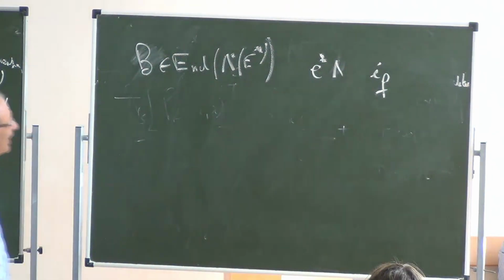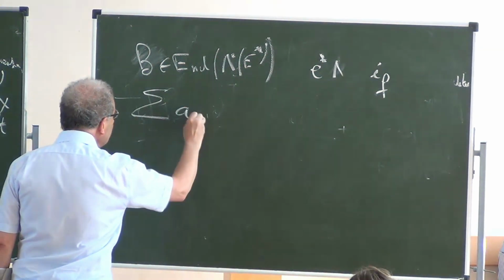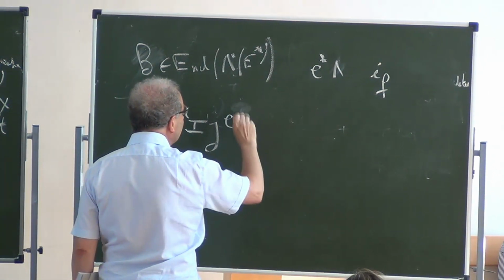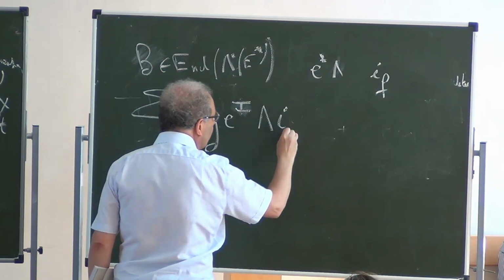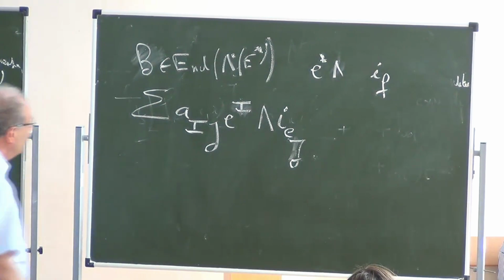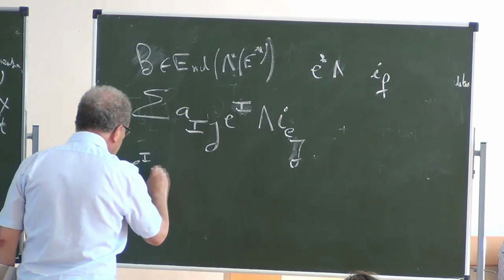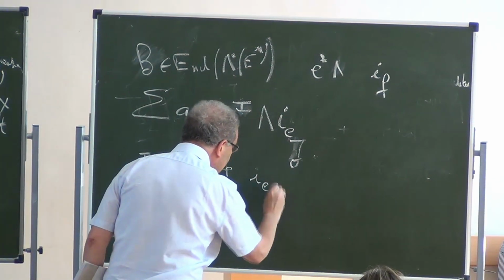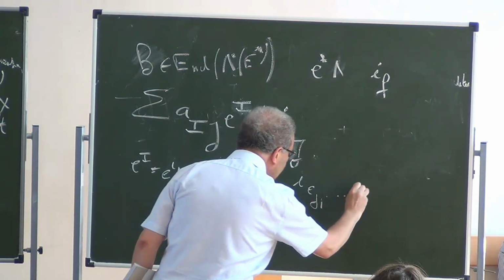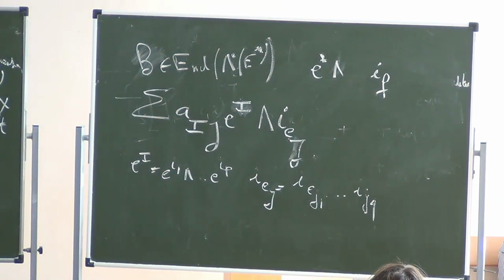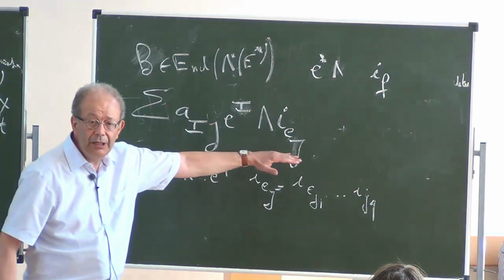So in other words, any element of the endomorphisms of the exterior algebra can be written in a unique way as a sum of A_ij, Ei cross Ej, where Ei is just Ei1 wedge Ei2 wedge Eip, and Ej is just Ej1 to Ejq or something. So you can write uniquely an endomorphism of the exterior algebra this way.